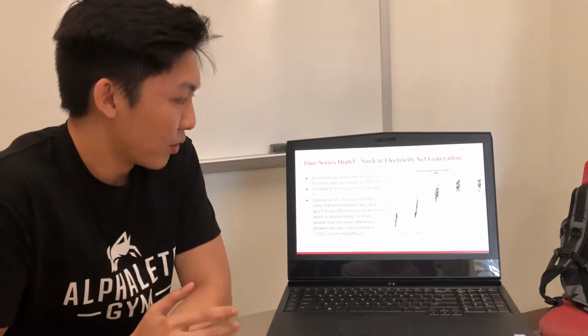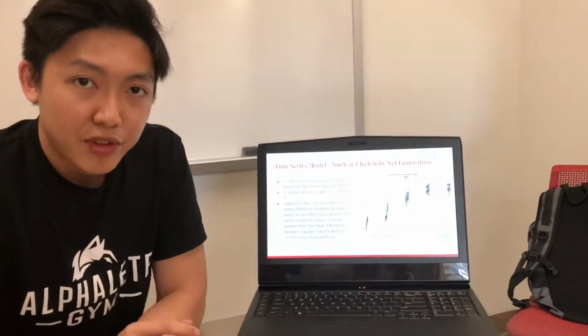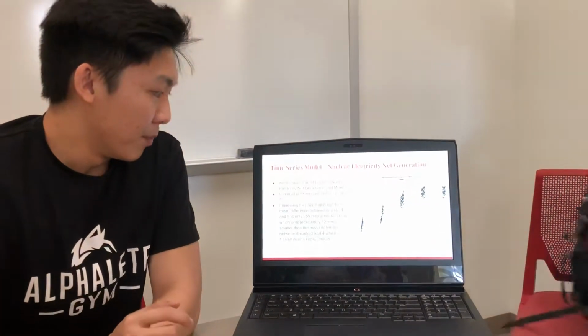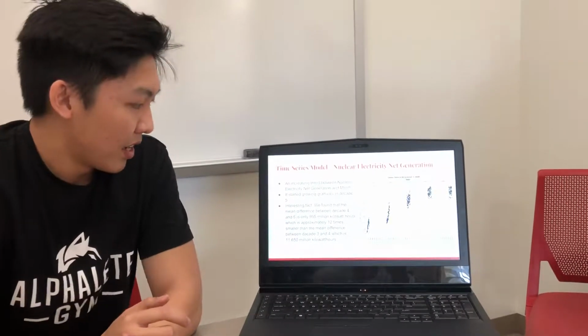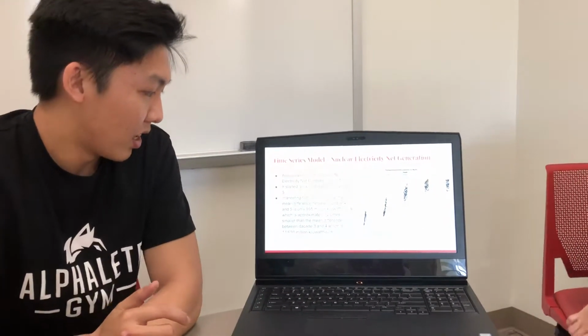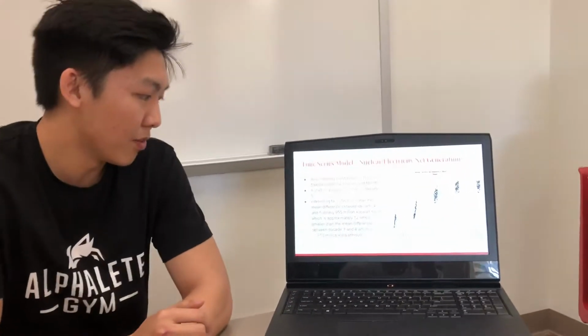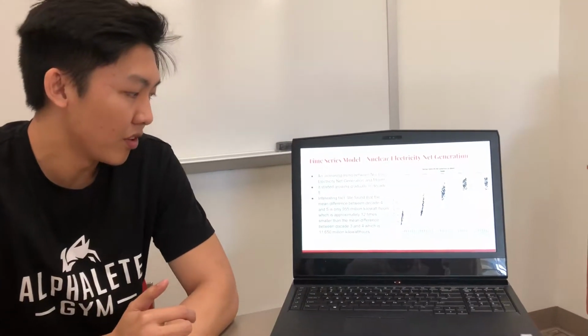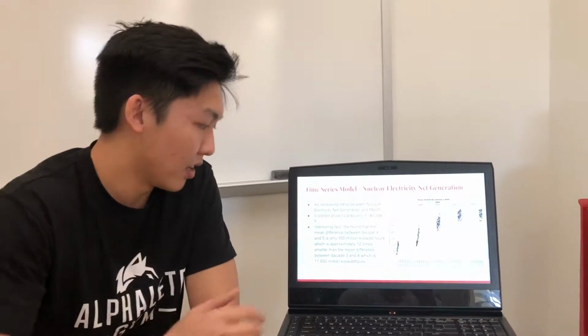However, it started growing more gradually in decade 5. An interesting fact we found is that the mean difference between decade 4 and 5 is only 955 million kilowatt hours, which is approximately 12 times smaller than the mean difference between decade 3 and 4, which is 11,650 million kilowatt hours.